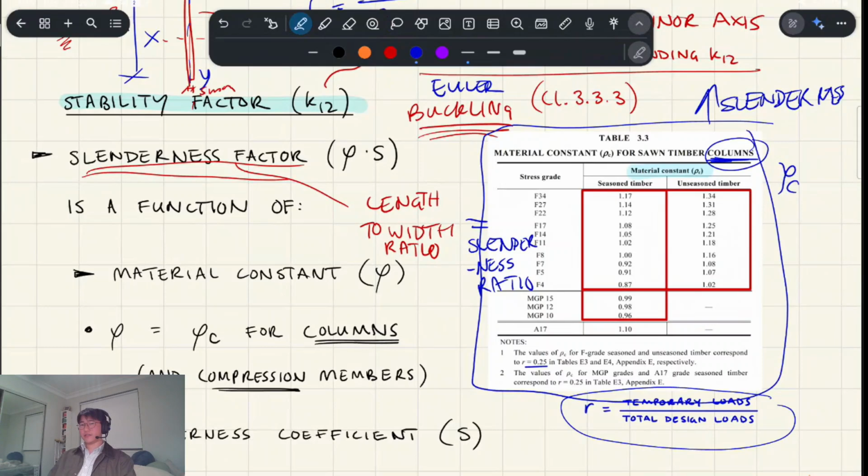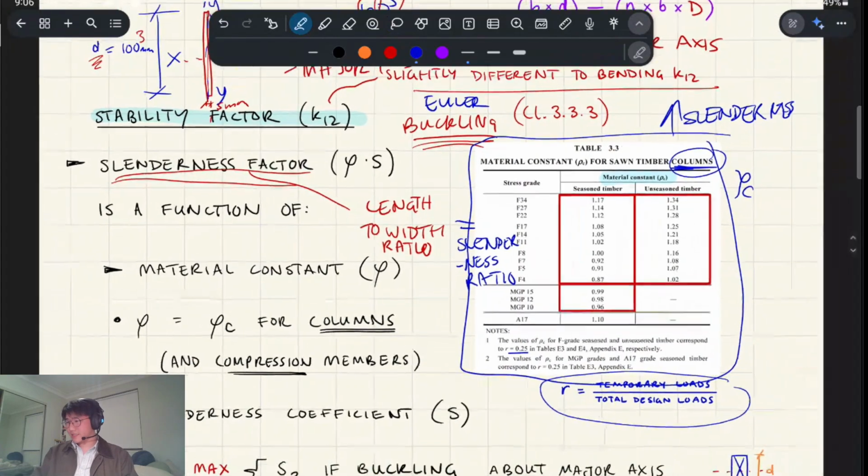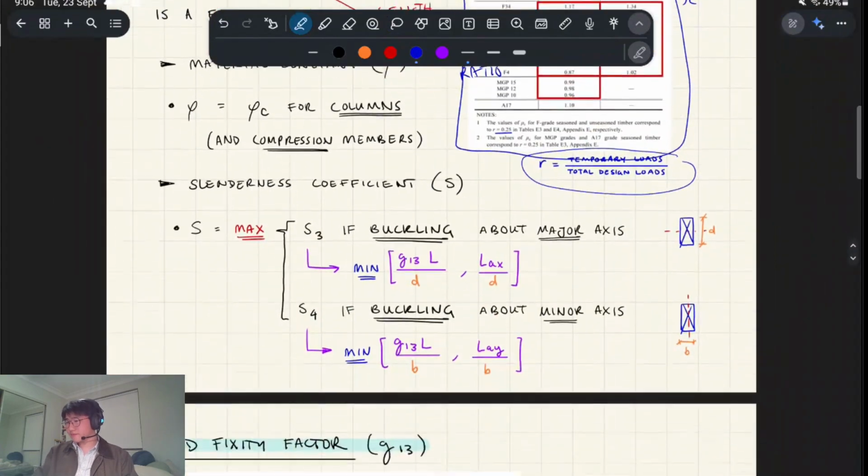Your R is your temporary loads to total design loads ratio, which is assumed to be 0.25 for this table. And then there's an extended version of this table in Appendix E, which you can see in the notes, which comes into play for one of the practice questions. But that's a good aside.